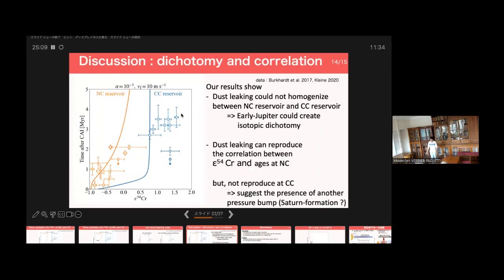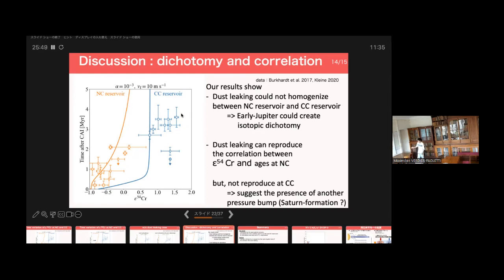Finally, we discuss our result about the dichotomy and correlation. Our result shows dust leaking could not homogenize the MC reservoir and the CC reservoir because these two lines do not cross. And also our result shows different values over 3 million years, which can explain the non-carbonaceous and carbonaceous meteorites.